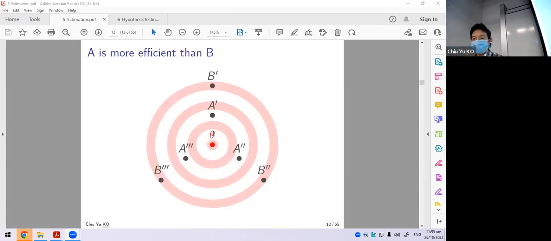Graphically, it means, say A can realize in this free value is also centered at theta, B also centered at theta, but A is much closer than B, right? So that is the idea of efficiency. It's like it's more accurate, right? It's just like on average, both of them are hitting the target, but A is much closer to the target. Okay, that is efficiency.